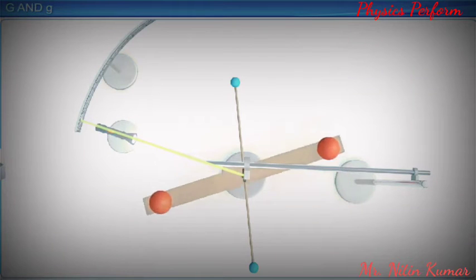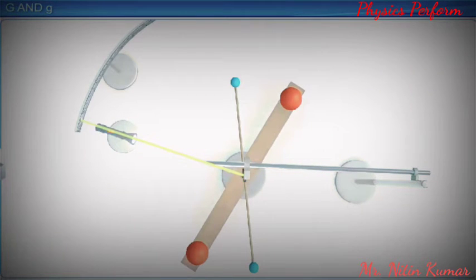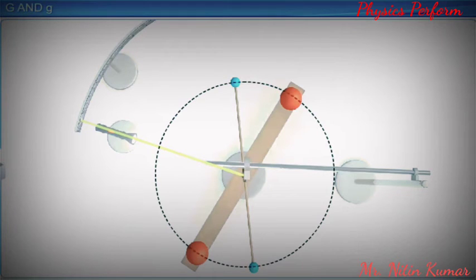They are placed at an equal distance on either side of the small spheres so that all the four spheres lie in concentric circles. The gravitational force of attraction between the smaller and the bigger spheres causes the smaller ones to move towards the larger ones. Hence, they move along the arc of a circle with a radius equal to half the length of the rod.